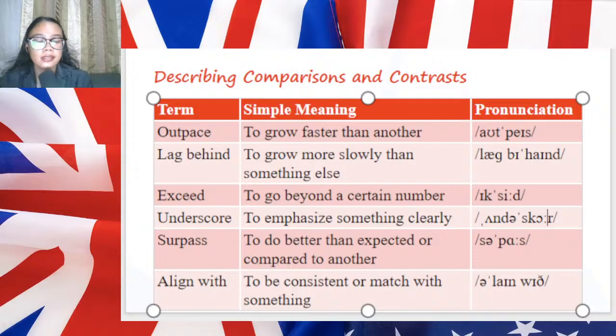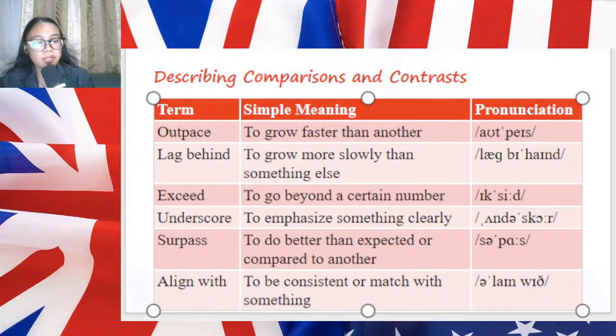Next, surpass. Again, surpass, meaning to do better than expected, or to go beyond or become greater than another. That is surpass. You go faster than another. So it is similar to exceed, but surpass often carries a stronger connotation of superiority or achievement.